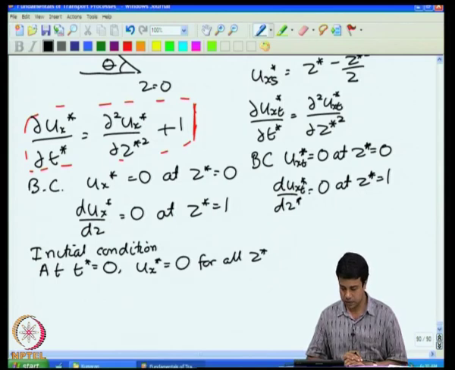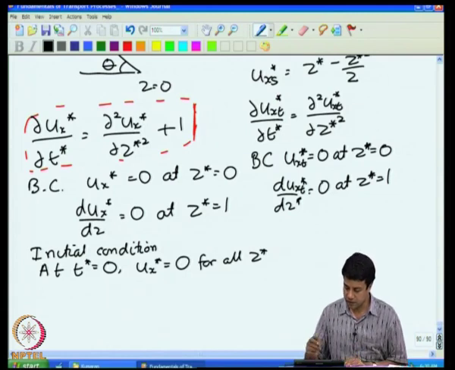However, the initial condition is different. Initial condition for the total velocity field is ux is equal to 0 for all z at t is equal to 0. The steady part, of course, is independent of time, it is the same at all times.